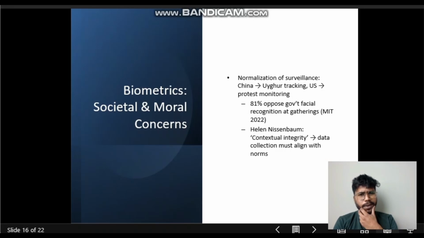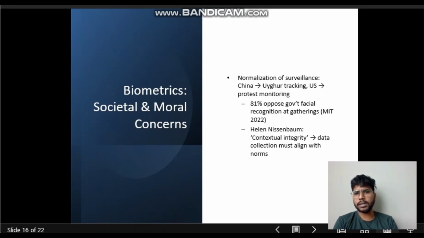Let me talk about the moral dimensions and philosophical viewpoint. As you can see over here, Nissenbaum's case study. The philosopher Nissenbaum, in her work on privacy in context, argues that technologies must respect contextual integrity, the idea that data should be collected, used, and shared in ways aligned with socially agreed norms.